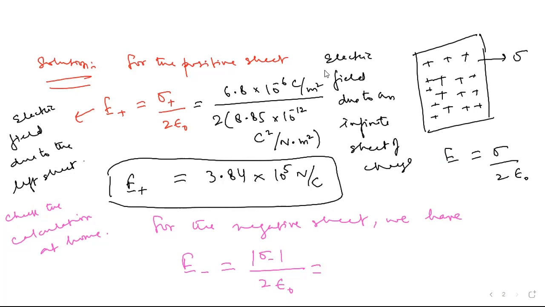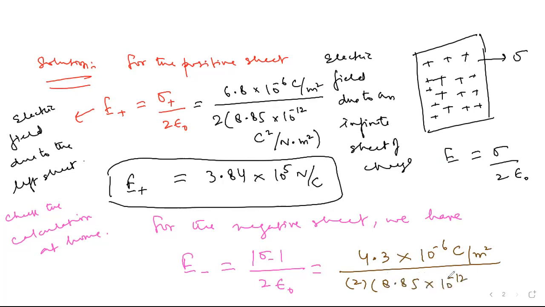Let us put the numbers. It is 4.3 into 10 raised power minus 6 coulomb per meter square. Then I have 2, then I have epsilon naught, 8.85 into 10 raised power minus 12 coulomb square per Newton meter square. 4.3 into 10 raised power minus 6 coulomb per meter square is sigma negative.